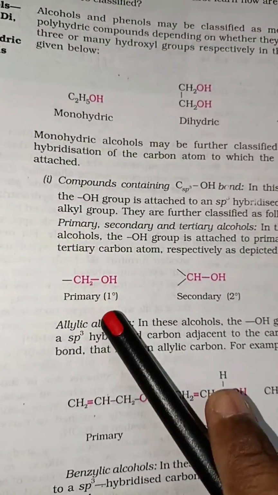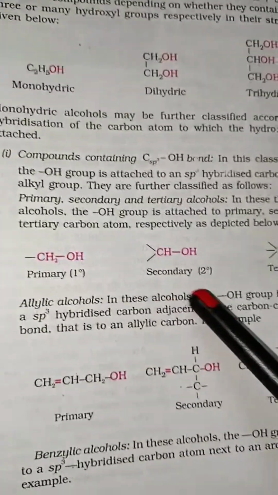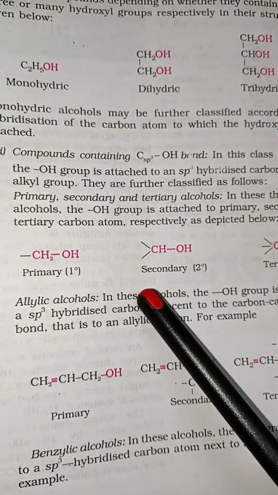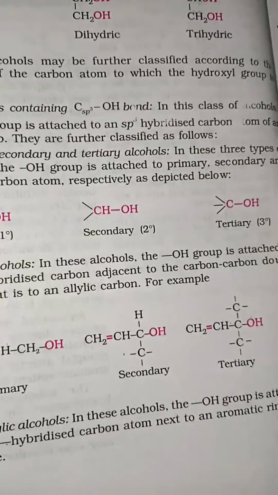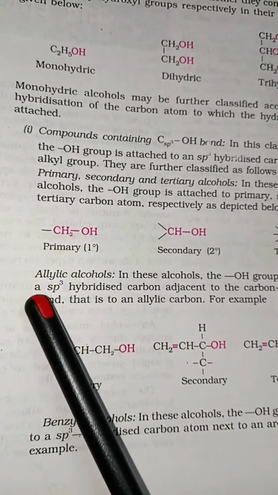So this is the 1 degree, primary, this is the 2nd degree, and this is the tertiary, 3rd degree.